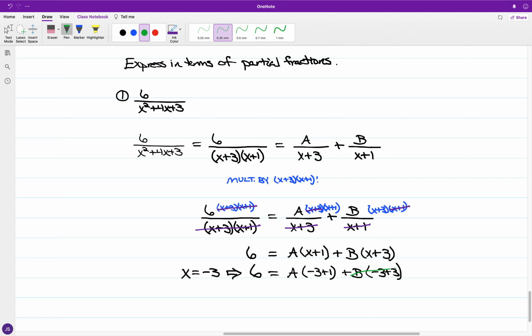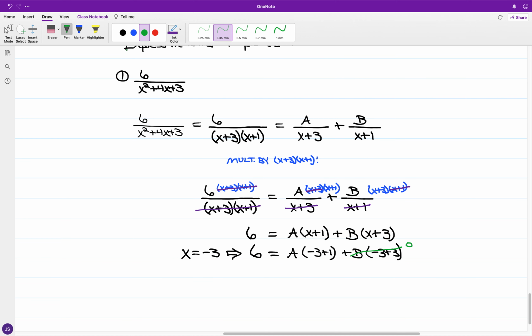And guess what? b is going to be zeroed out. So you got 6, negative 3 plus 1 is negative 2, a times negative 2 is negative 2a, and 6 divided by negative 2 is negative 3, so a is equal to negative 3. So we'll have negative 3 over x plus 3.